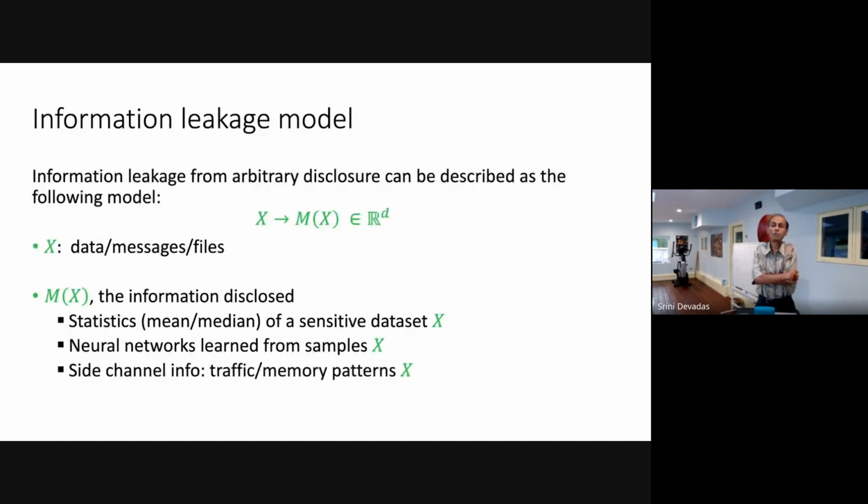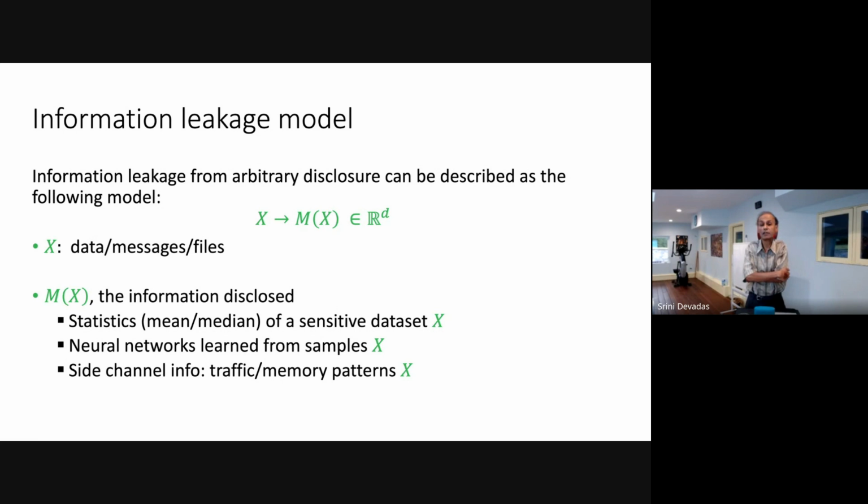Now you want to publish this neural network, and maybe it takes lung scans as an input and tells the person whether the person has cancer or not. This would be good to expose so people can use it if they want. But now you're concerned about the leakage of individual patient data that's in X when M of X is exposed.